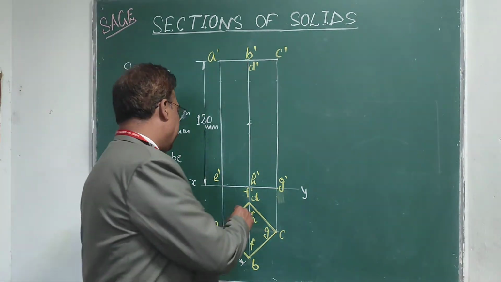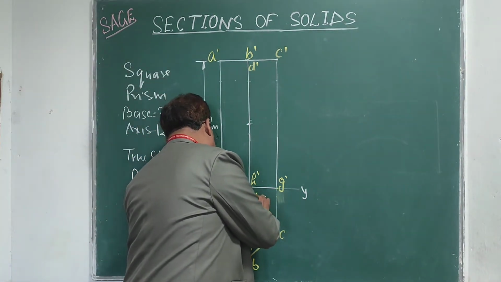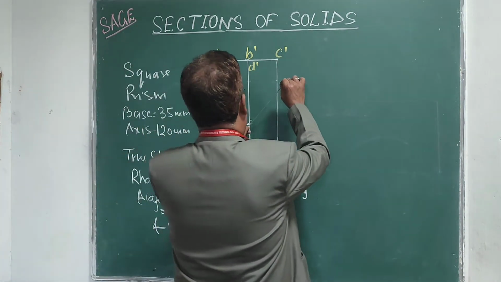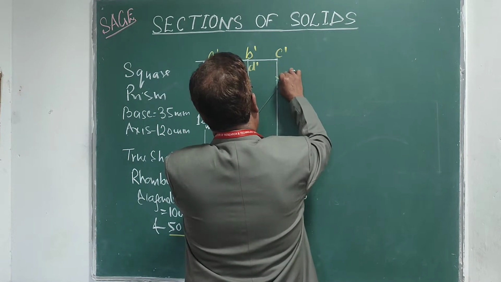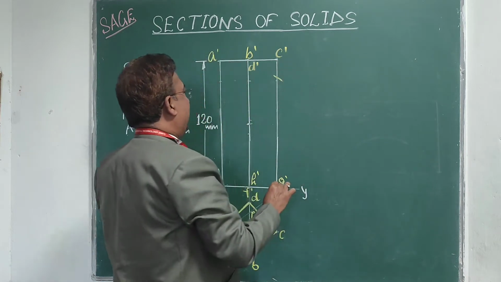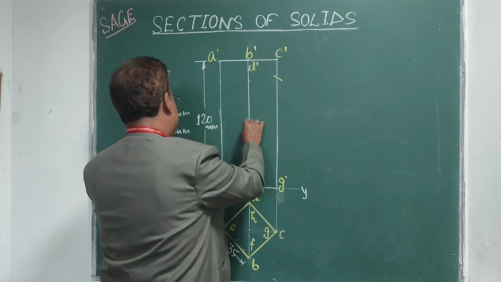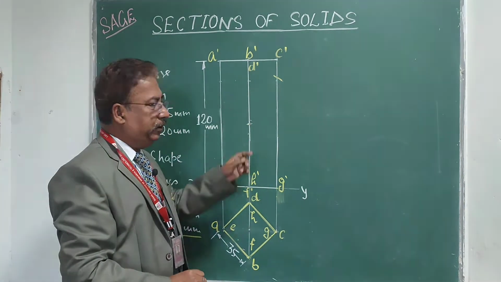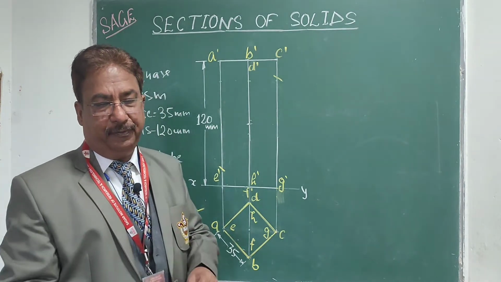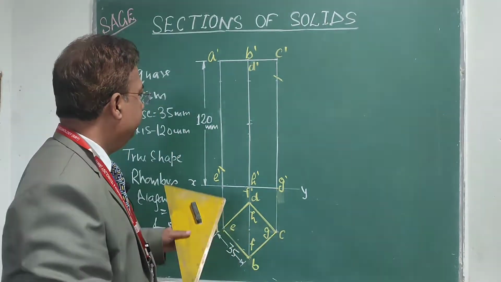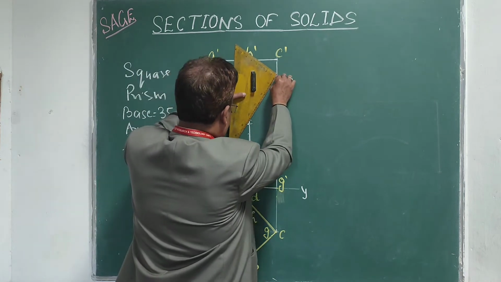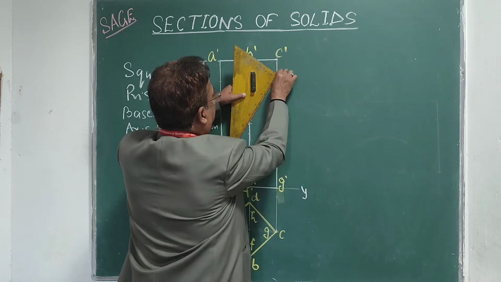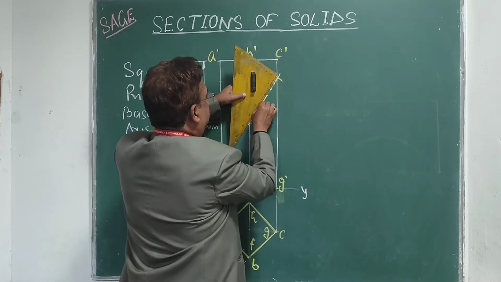For making that, I will take this length, 50 mm, from the top view and from the center of the axis. Actually I am bisecting this axis. I am taking the midpoint of the axis, and I have marked 50 mm upside and 50 mm downside, like this. So my section plane will pass like this.